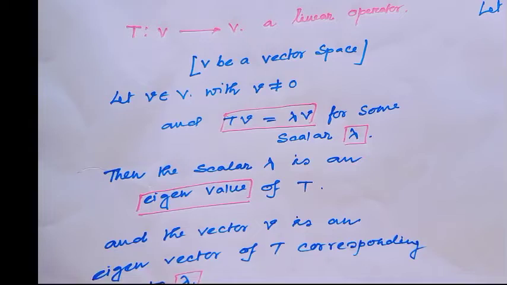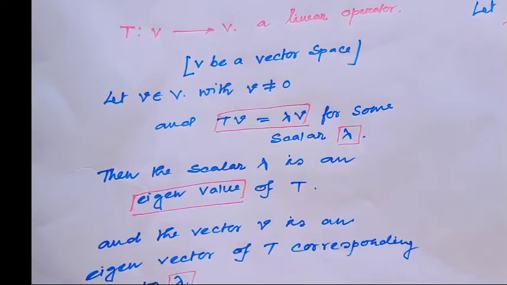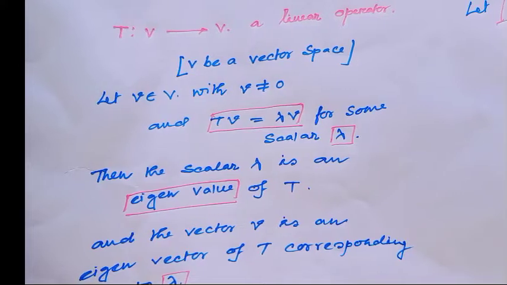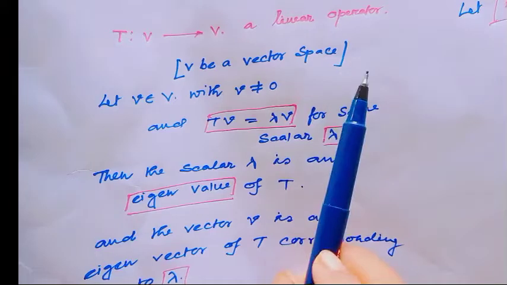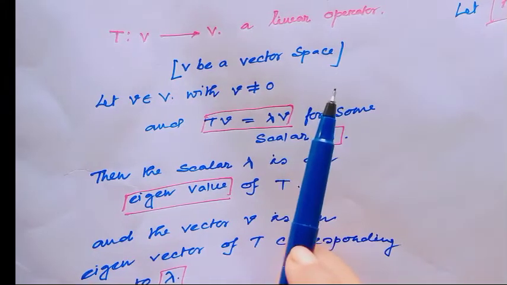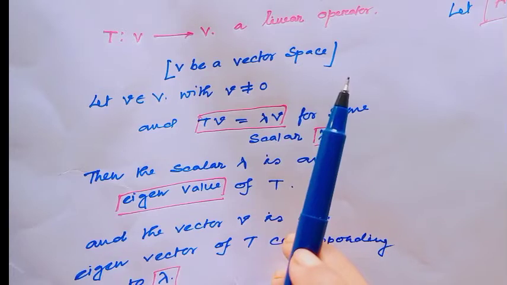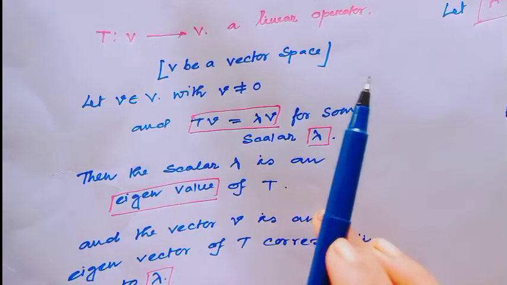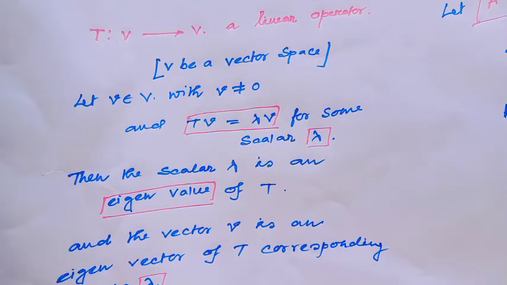In my earlier video, I had seen what is the eigenvalue and eigenvector of a linear operator. Just recall, if T is a linear operator and V is a vector space, and this is not only for linear operators, this is for all mappings. Here I have considered a linear operator, that means the mapping from vector space to vector space.